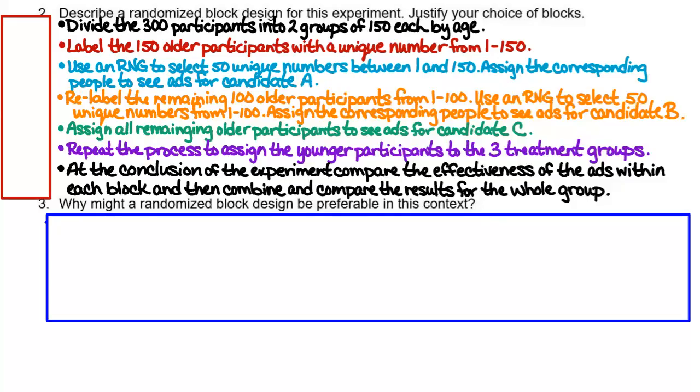Within the younger participants, I would look at the effectiveness for the ads for candidates A, B, and C. And then I would put the whole thing together and compare the effectiveness for the ads for candidate A, B, and C between these 2 blocks. So we will compare within the blocks and between the blocks.